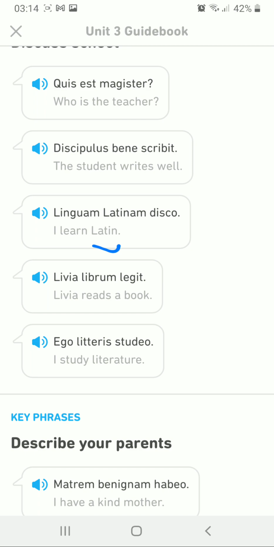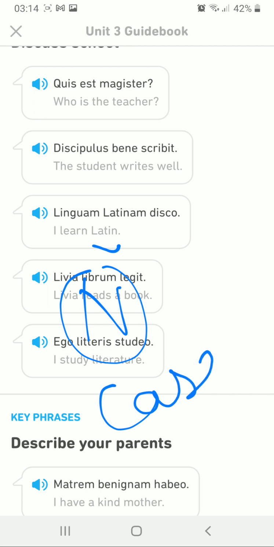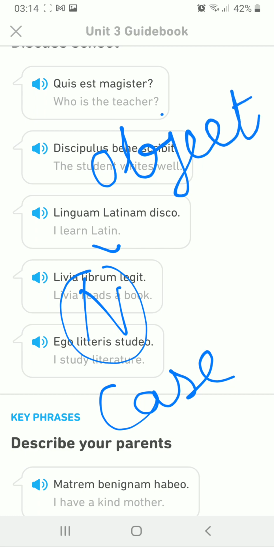Moreover, we see that we're talking about learning Latin as a language. So we see linguam latinam. This now is not written in nominative case, and that's because it is now the object in the sentence. So what am I learning? I'm learning something, and because of that we have to change the ending.